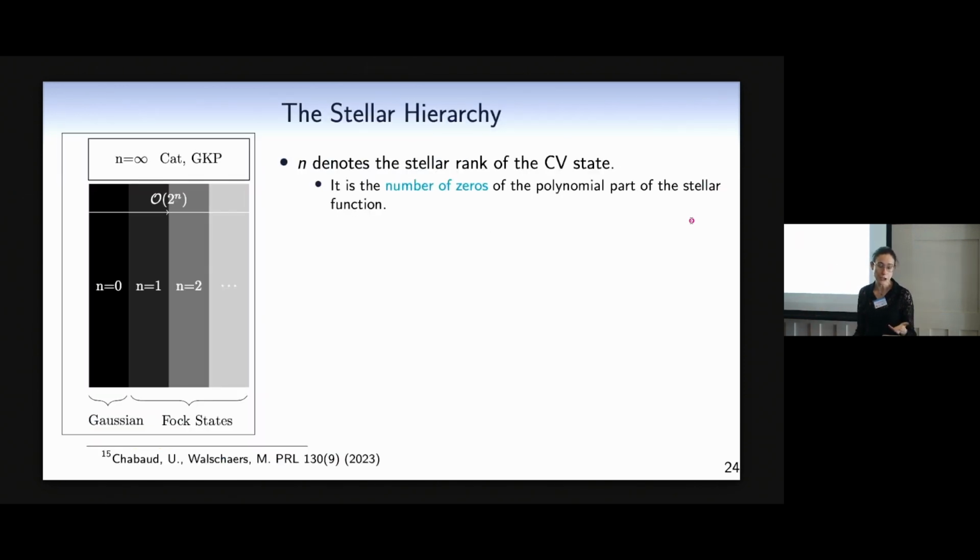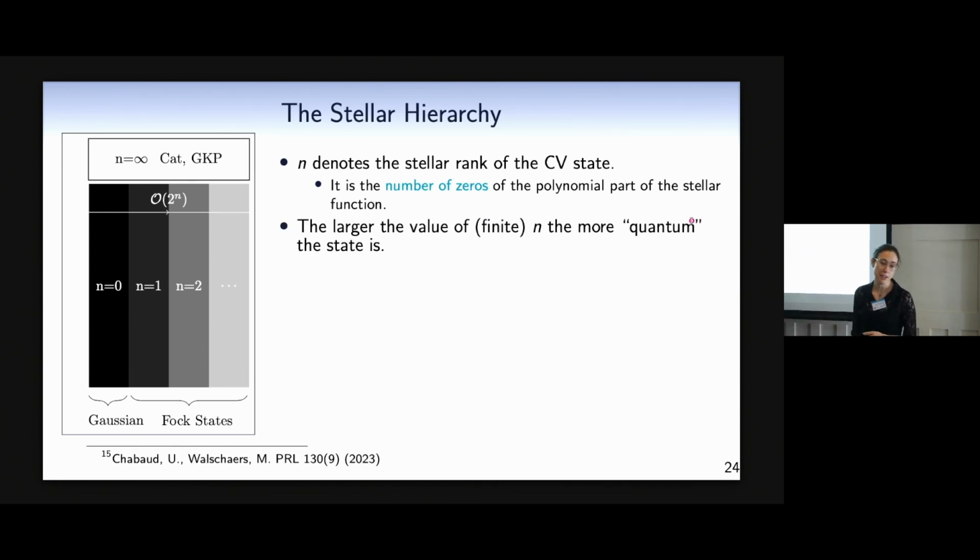So the stellar hierarchy. I've mentioned the stellar rank. n, for the rest of this talk, is always going to denote the stellar rank of your CV quantum state. It's the number of zeros of your stellar function. One way of increasing that is to start from the Gaussian and apply creation operations to climb the stellar ladder.